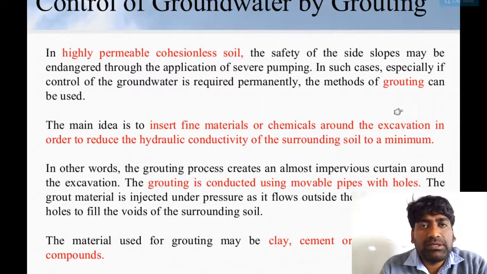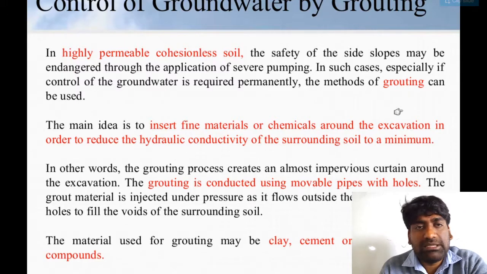In highly permeable cohesionless soil, the safety of the side slopes may be endangered through the application of severe pumping. In such cases, especially if control of groundwater is required permanently, the methods of grouting can be used. The main idea is to insert fine materials or chemicals around the excavation in order to reduce the hydraulic conductivity of the surrounding soil to a minimum.